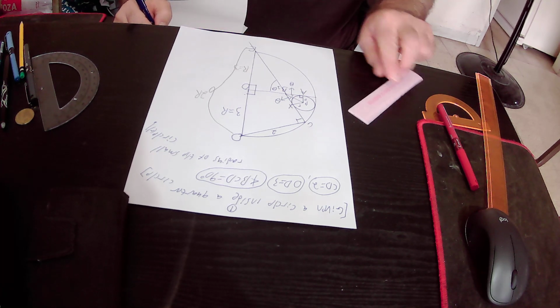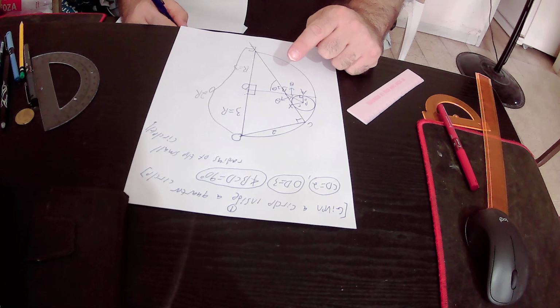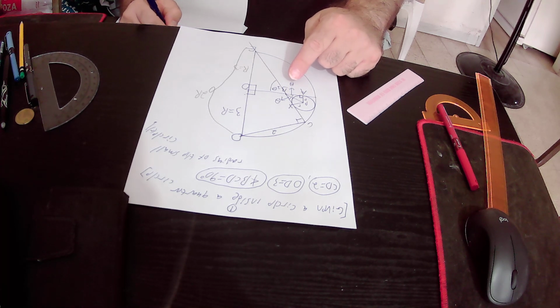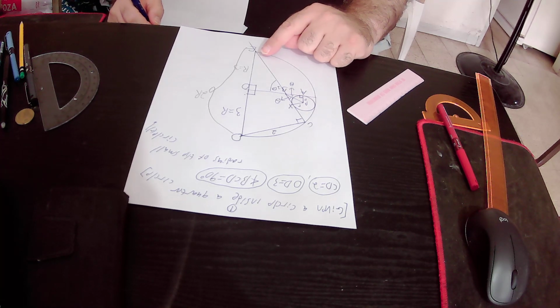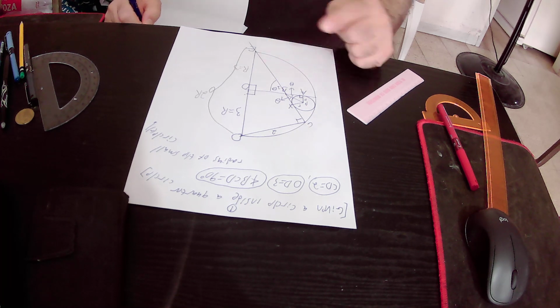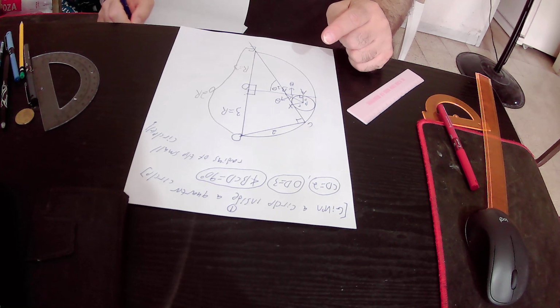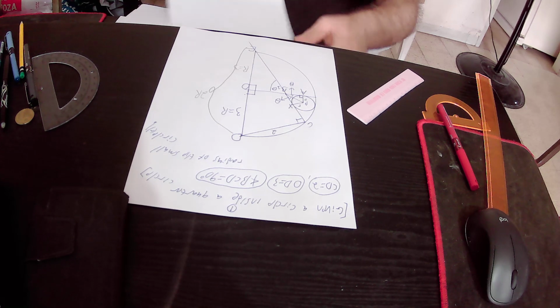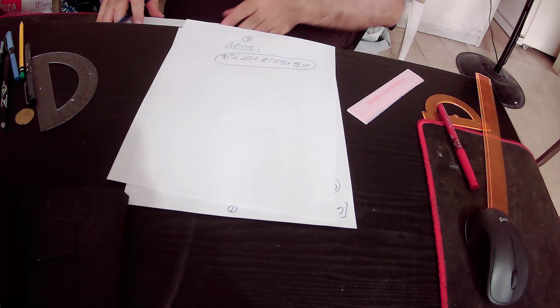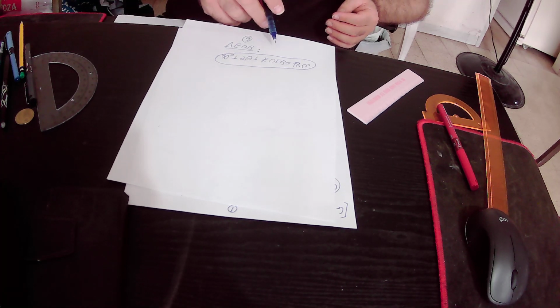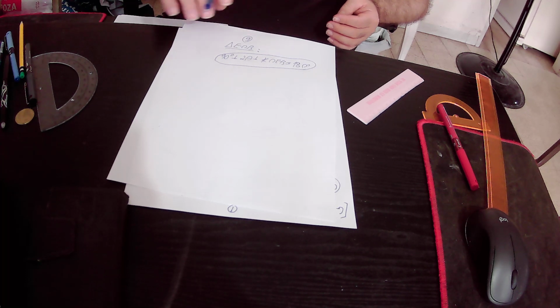So 90 degrees plus 2 theta plus the size of this angle, that is angle OEB, must be equal to 180 degrees because the sum of the angles in any triangle equals 180 degrees. And especially in triangle EOB, the sum of the angles is equal to 180 degrees. So 90 degrees plus 2 theta plus the size of angle OEB equals 180 degrees.